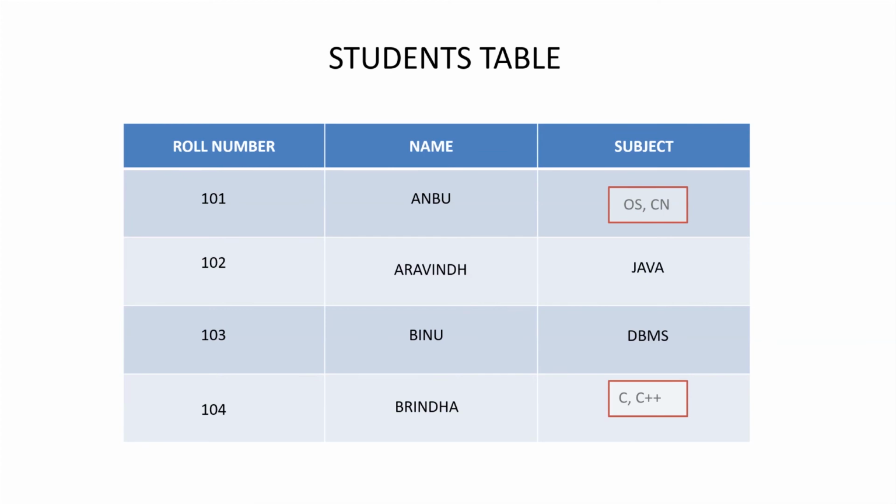You can see in the subject attribute there are 2 records with multiple entries. So it will violate the first normal form. As per the first rule of the first normal form, each column should contain only atomic values. Atomic values means a single entry, but here there are 2 entries for 2 records.